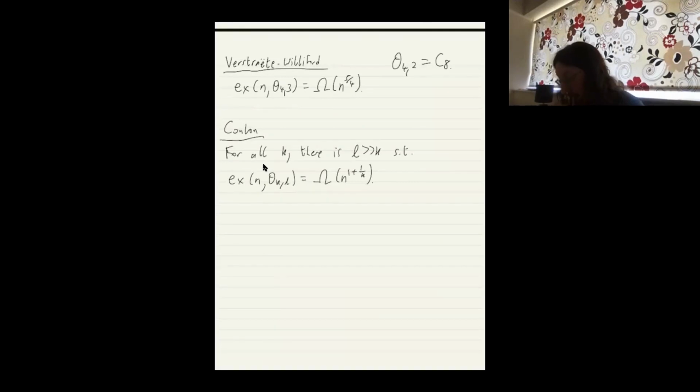The second result I will mention that uses this random algebraic method relates to a famous conjecture of Erdős and Simonovits called the rational exponents conjecture.